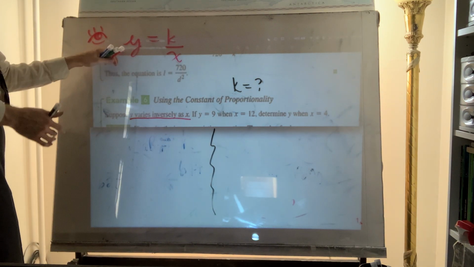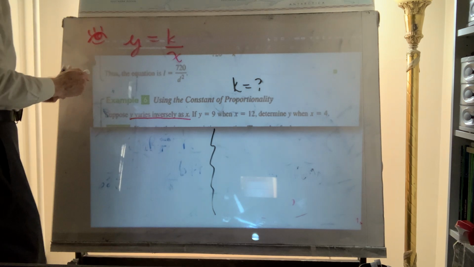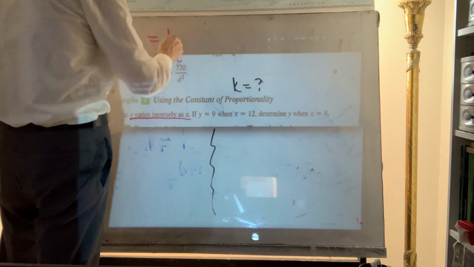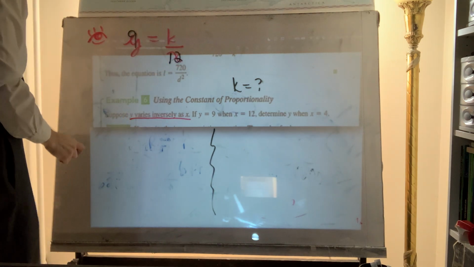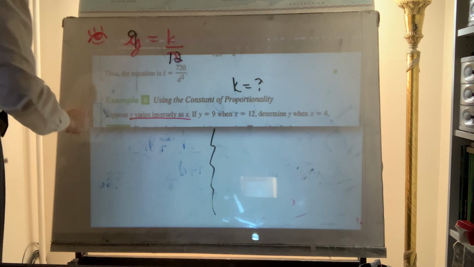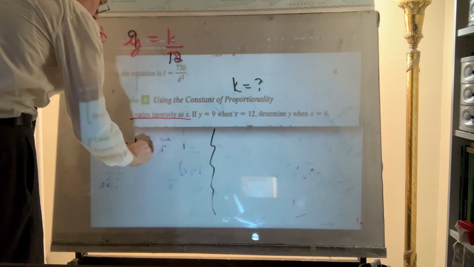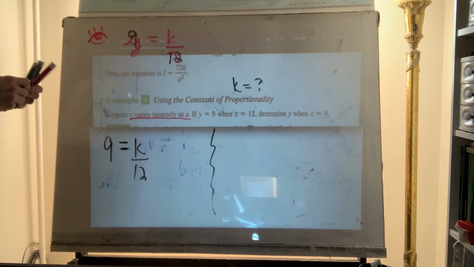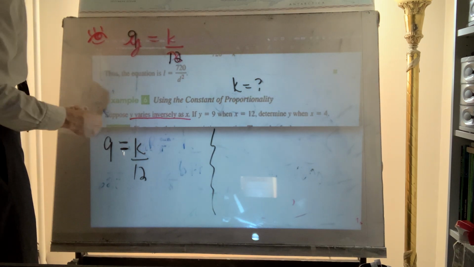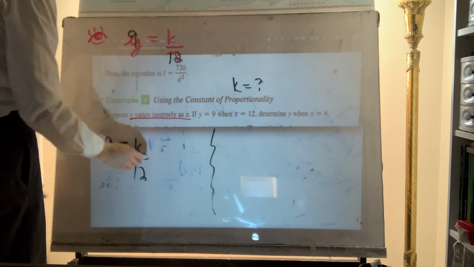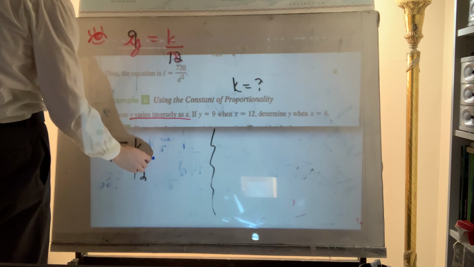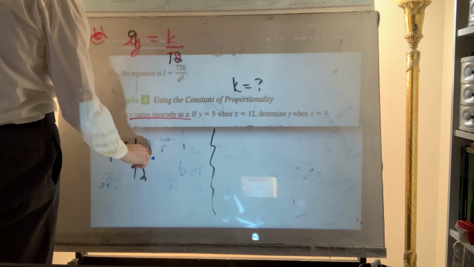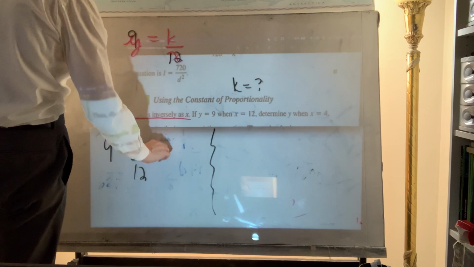So borrowing this, we would put a 9 in here for y, and we would put a 12 in here for x. In reality it's 9 is equal to k over 12, and there's no simplifying we could do up front. Then in order to solve for k, we're going to perform the opposite operation. In order to justify moving 12 from where it is at the bottom, I'm going to perform the opposite of division, namely multiplication.